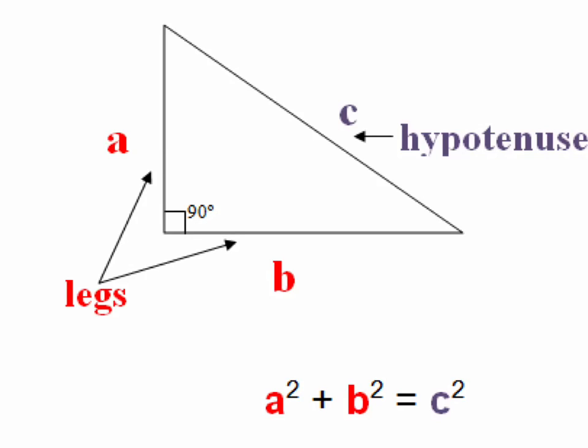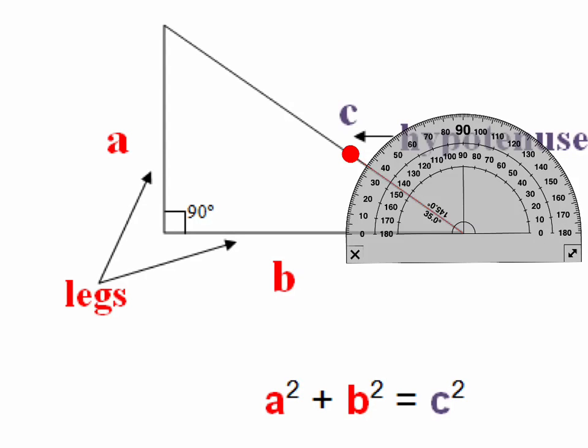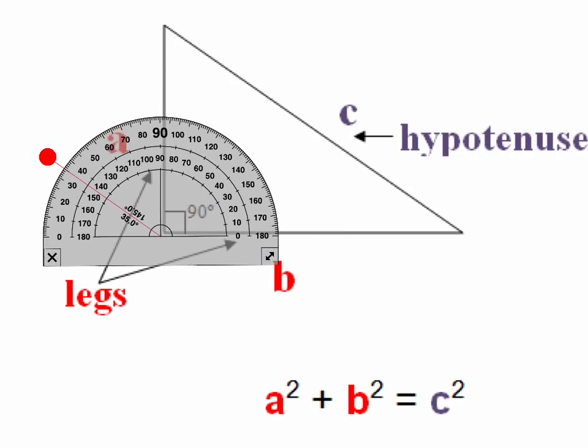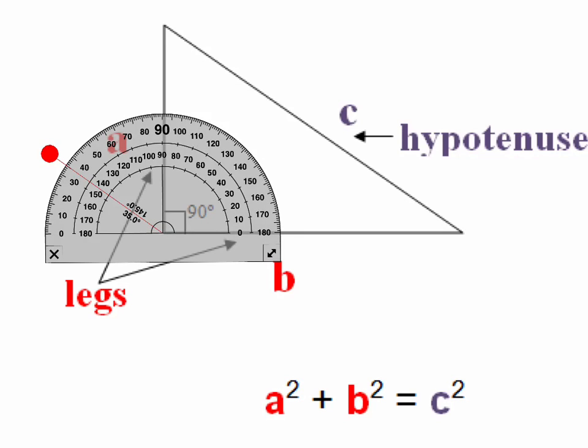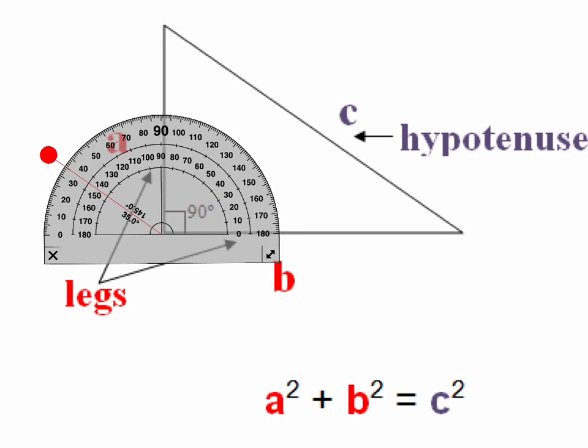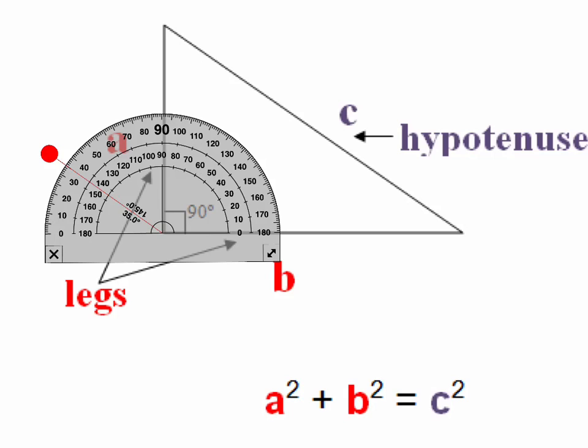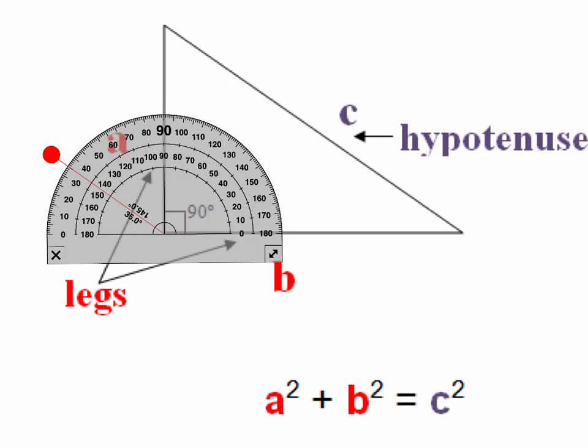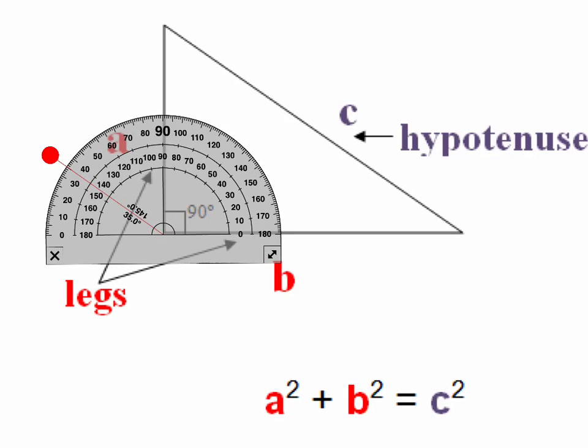But if you want to identify it for sure, you can use a protractor, line it up with the middle there, and see that it is a 90-degree angle. As we see there.